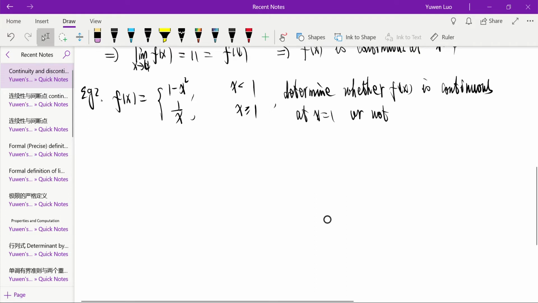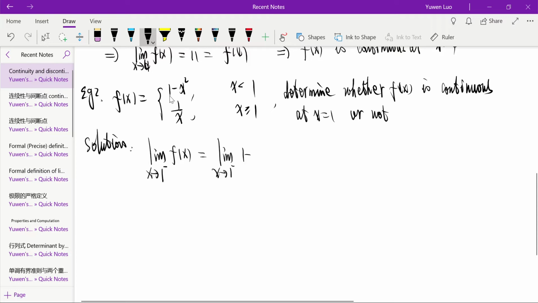It's still a piecewise function, so we use the right limit and the left limit. As x tends to 1 from the left, 1 minus x squared, that is 0. And the right limit, when x tends to 1 from the right, that is 1 over x, that's 1.